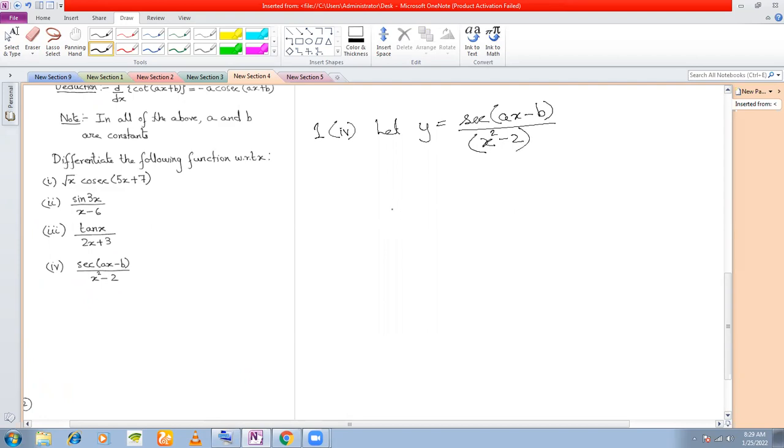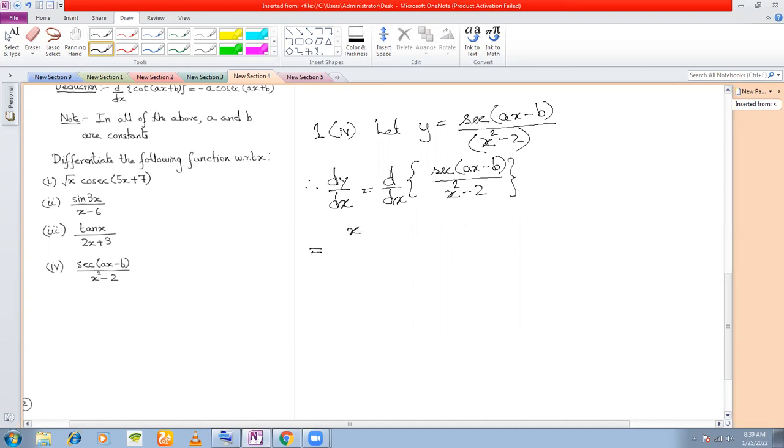Again, we are going to use the u by v rule here, considering u as the numerator and v as the denominator. Sec ax minus b divided by x square minus 2.